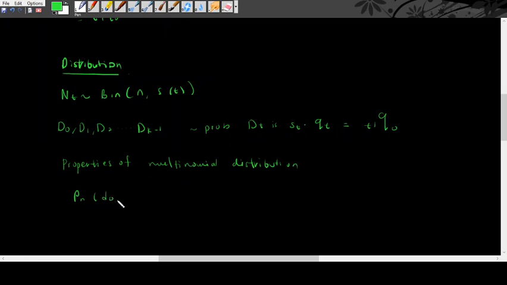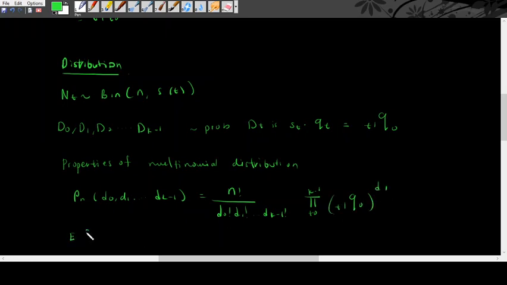Pn for any d0, d1 up until d(k minus 1) is equal to n factorial over d0 factorial times d1 factorial times up until d(k minus 1) factorial, times the product from t equals 0 up until k minus 1 of t given q0, to the power of dt.